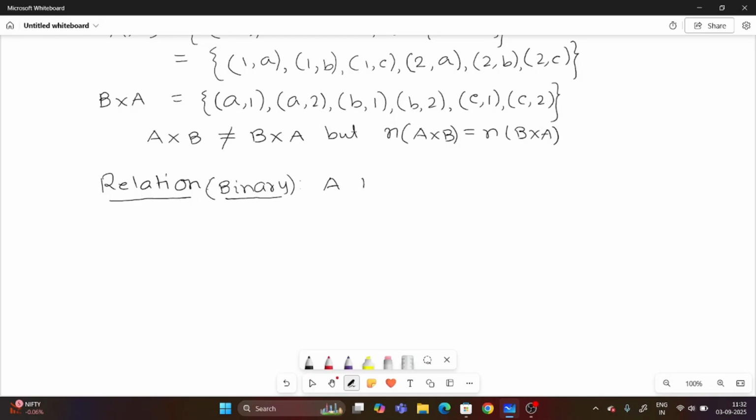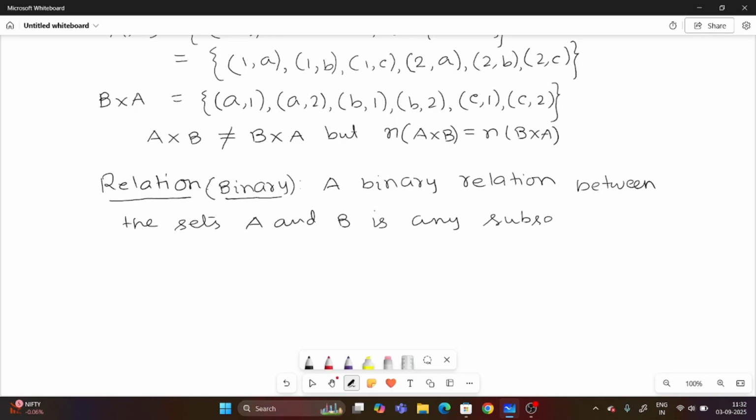A binary relation between the sets A and B is any subset of A cross B. Since we are using two non-empty sets, that is why this type of relation is called binary relation.